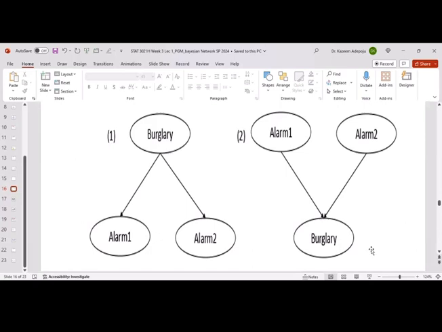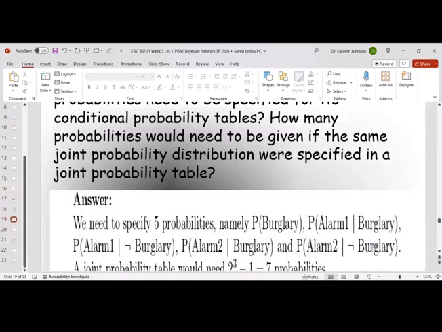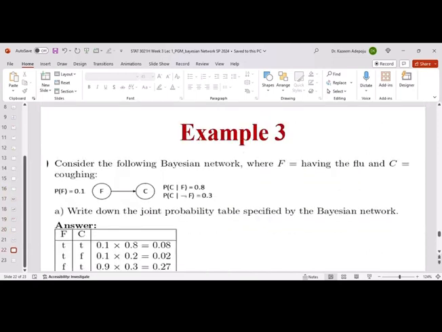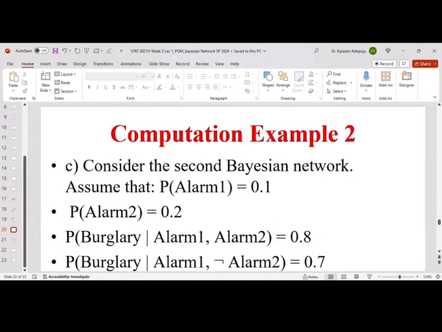If you take a look at what you are given, they also give you the probability of burglary given alarm 1 and alarm 2 to be 80%, the probability of burglary given alarm 1 and no alarm 2, that is the complement of alarm 2, to be that.